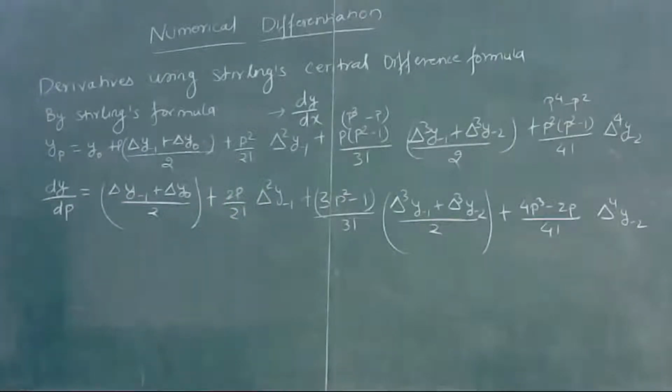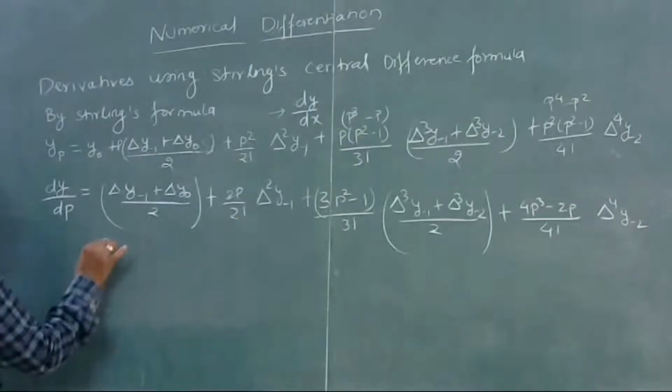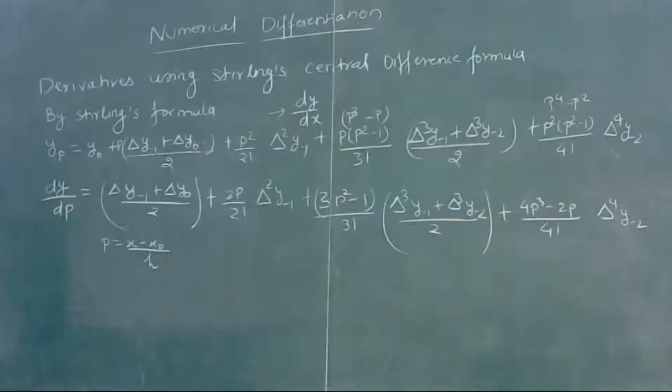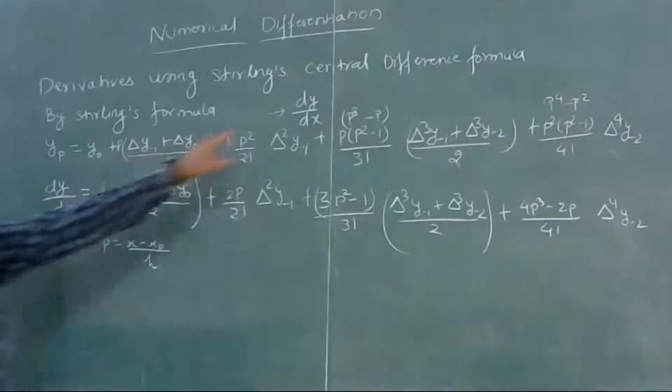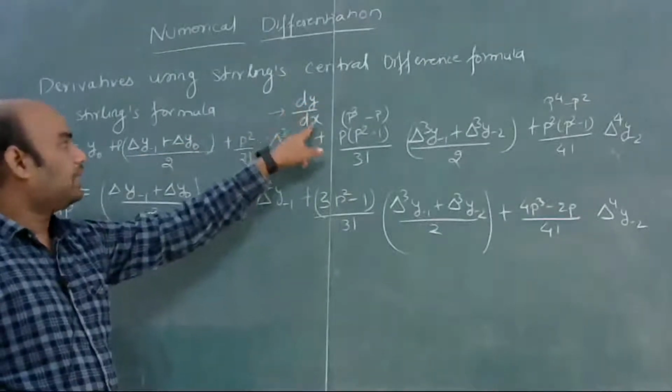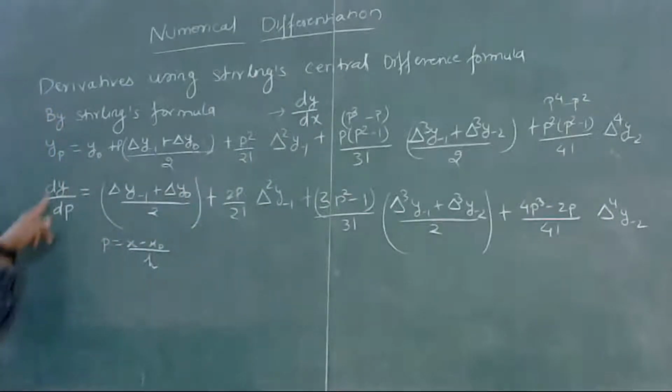Okay. So again, p is equal to (x minus x_0) divided by h. So what we need to find is dy by dx. We are deriving the value of dy by dx, but here it is dy by dp.